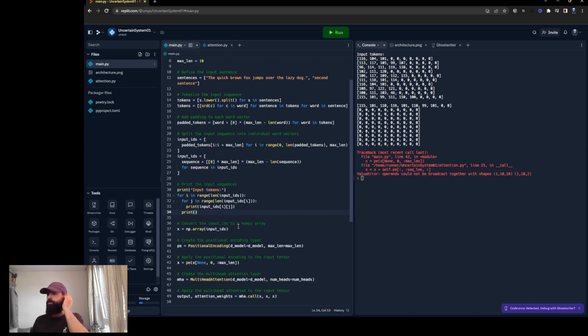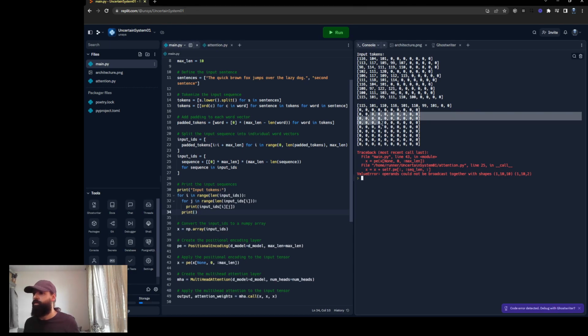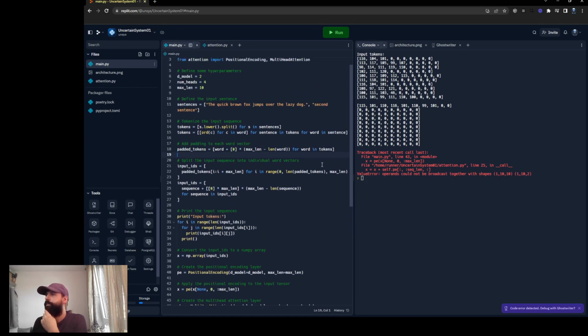I also want to just basically, yeah, it's all the same, exactly. So what about these here? Padded tokens. Okay, that's fine.